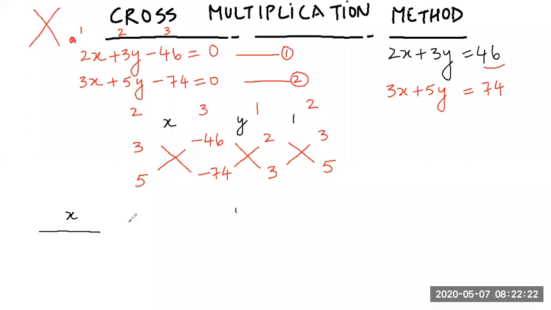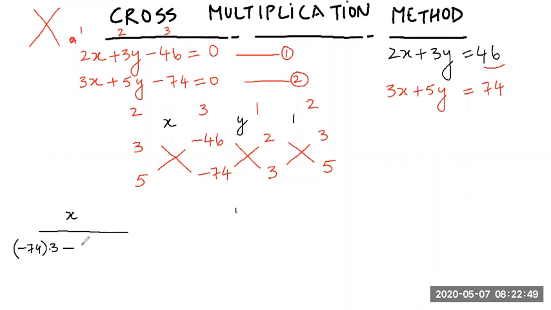divided by, multiply this with this and subtract this from this. So we'll multiply minus 74. Whenever you have a negative term, put it in a bracket, multiply by 3. All right. And subtract the product of these two from the product of these.